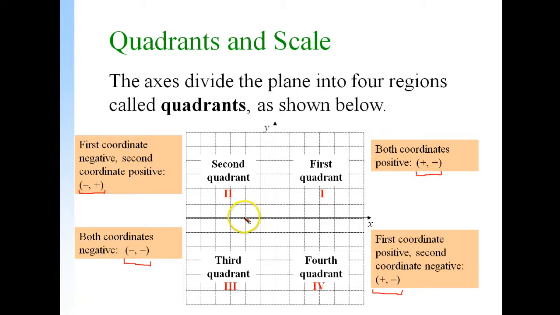Now we also find that sometimes something is on the x-axis here, or something is on the y-axis. In these cases, these are not in a quadrant. We say they are on the axis that they're on. Here, this would be the x, this would be the y.